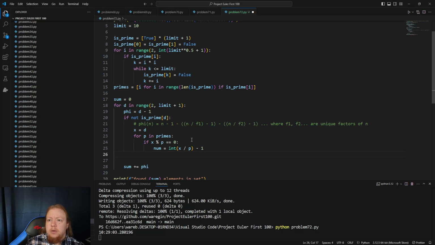My computer seems to struggle to keep up with what I'm doing, which is very interesting. And then phi is going to be minus equal num.